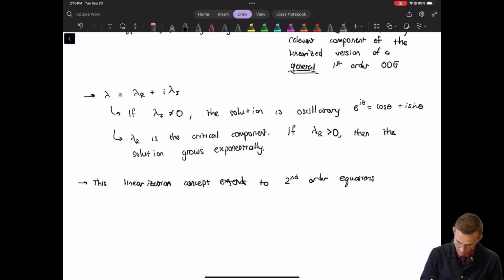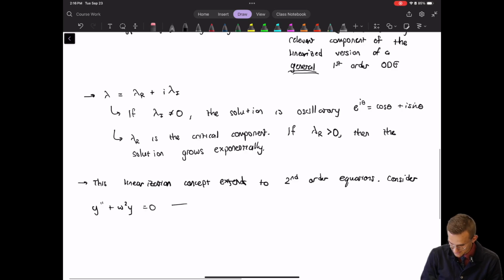Okay, so let's consider the following: y double prime plus omega squared y is equal to 0.